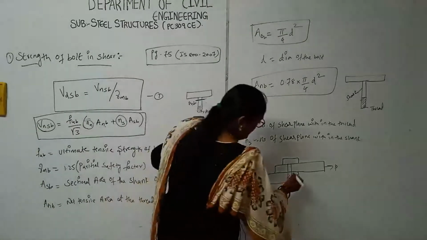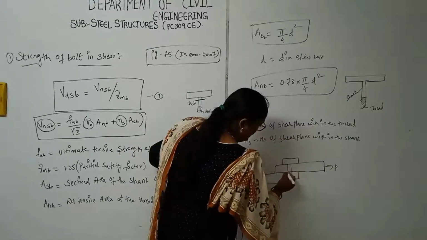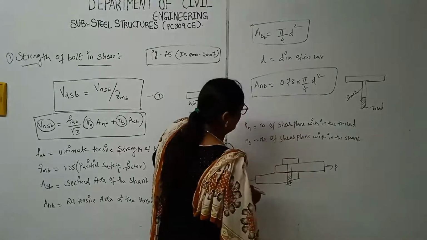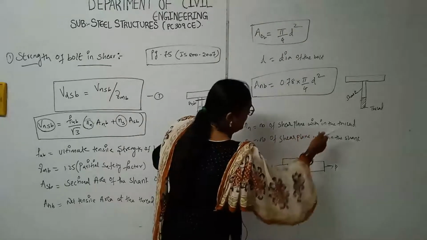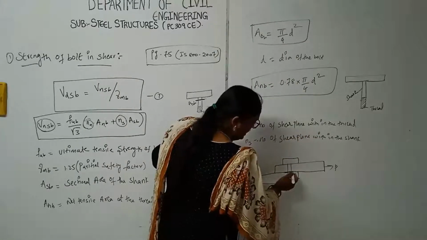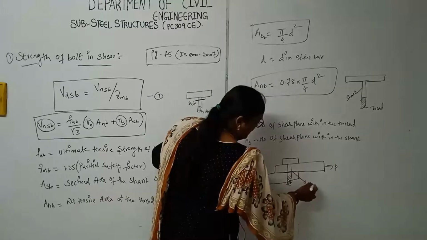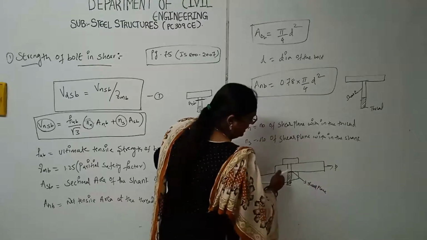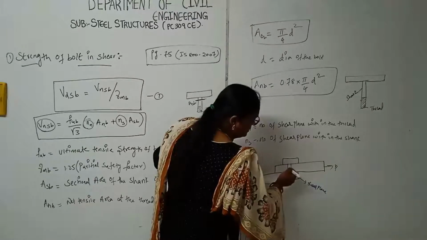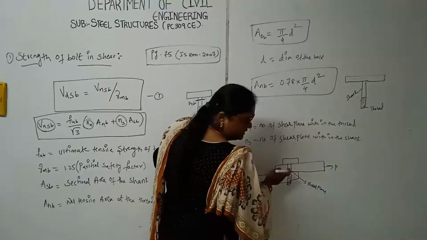Here is your shank. Obviously you can see there is no shear plane within the thread. This is your shear plane, and even this is known as the shank portion.